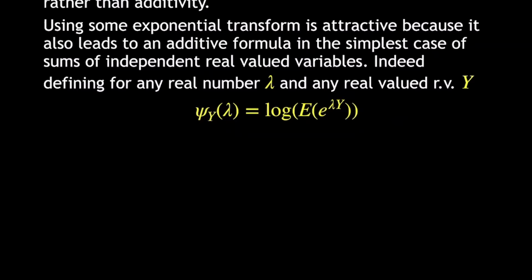Instead of looking at the square as a transformation of the variables before using Markov's inequality, you can use the exponential. So this is very interesting because when you use an exponential transformation, then you have some parameter lambda, which appears.